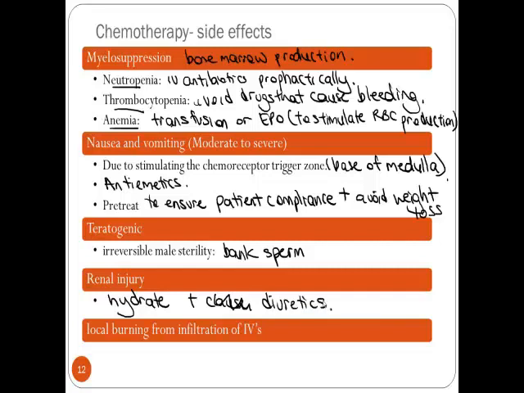So hydrate and then cause the kidneys to flush them out with the use of diuretics. And then the other thing is local burning from infiltration of IVs right at the spot where the cytotoxic drug is administered. So one of the things that may be possible would be to put a PICC line in so that it avoids the IV, and then it also avoids having to find a vein every time chemotherapy is administered.